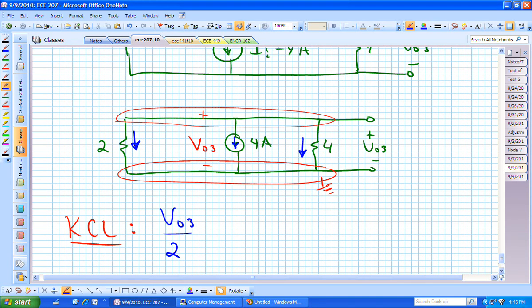Isn't it just the voltage drop divided by R, and that R is 2? What's the middle current? And all of these currents are leaving that top node, so I'm going to sum all of them and set it equal to 0. There's my middle current. That's given. That's an independent source. What about my current on the right? Questions on that?